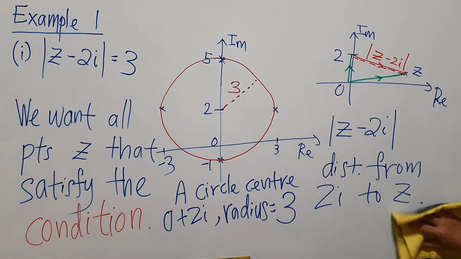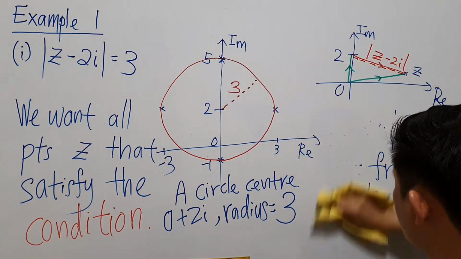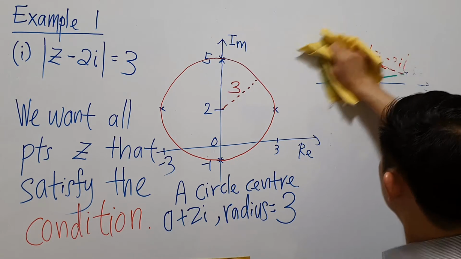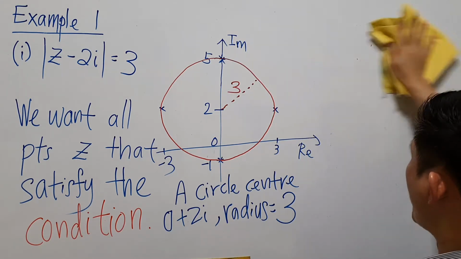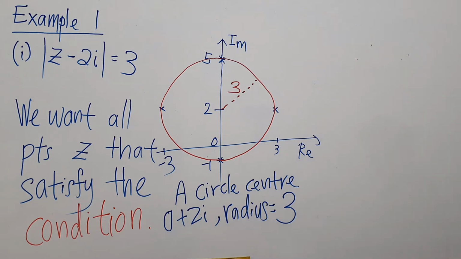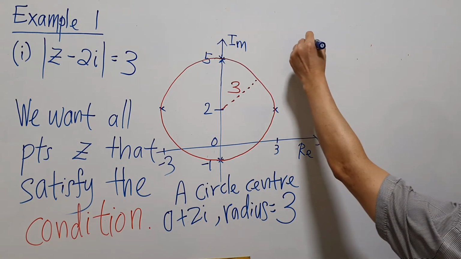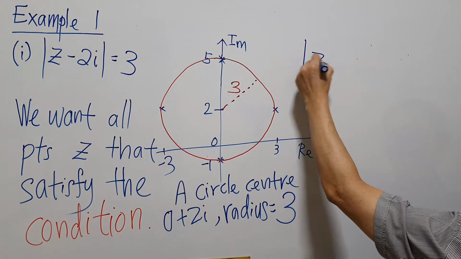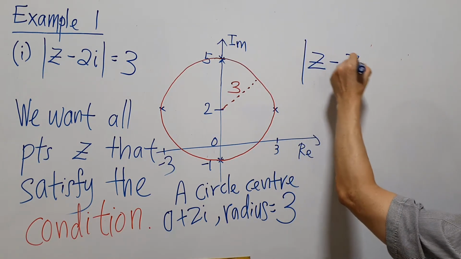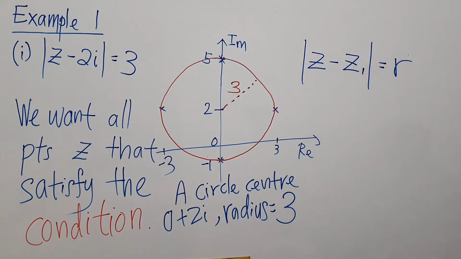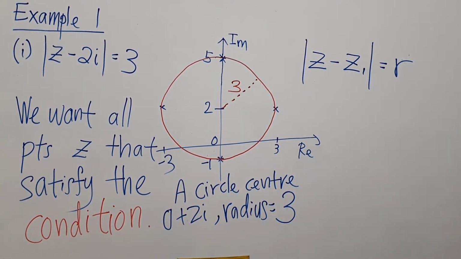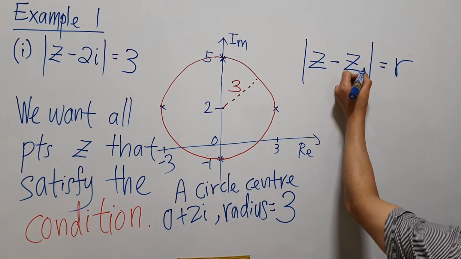So if you have understood this, then you can try to generalize an equation that will always represent a circle. Judging from here, if I have an equation that looks like this, okay, sorry, I can use z0, okay?